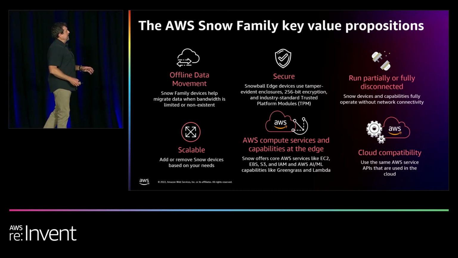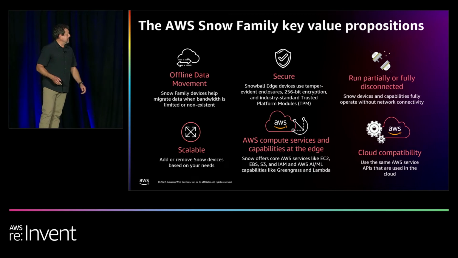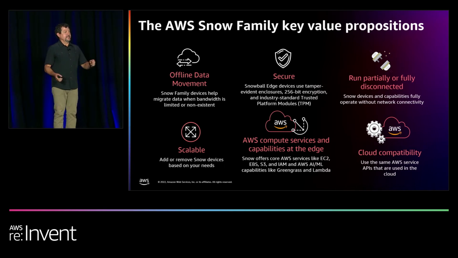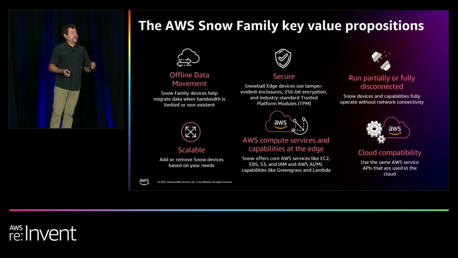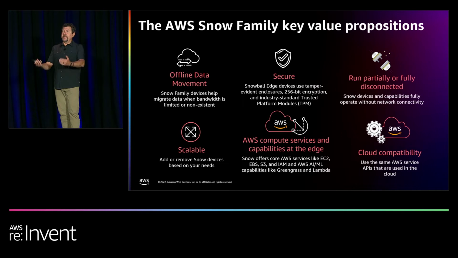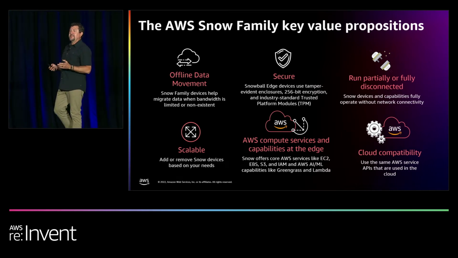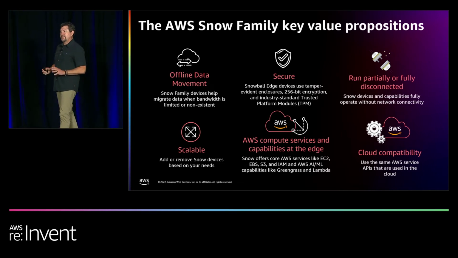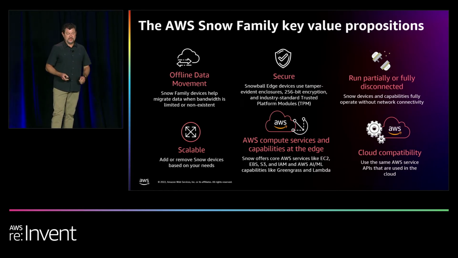Each device, and I'm going to show some screenshots of them in a second, is built into a ruggedized enclosure, and that enclosure is tamper-resistant, but also has tamper-evident seals. So when you ship the device back to us, we receive it in special dedicated rooms with secure personnel that inspect those devices to make sure that nothing has been physically compromised.